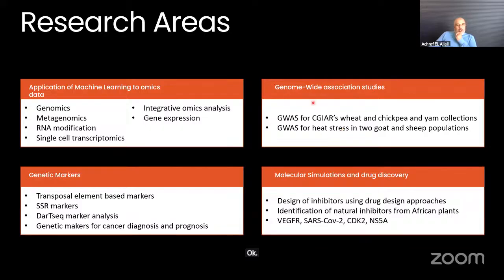We also do GWAS studies, whether at the agriculture or the medical level, and we do molecular simulations in drug discovery. So these are our four main research areas. Today, we will concentrate on genetic markers, and particularly on databases and tools within these approaches.